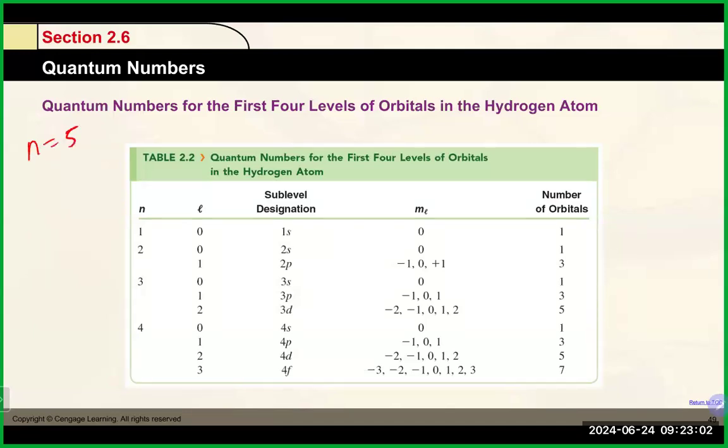That would be an l value of 0, 1, 2, 3, and 4. So that's an s orbital, a p orbital, a d orbital, an f orbital. What is 4? It actually just goes alphabetical. That's like g, h, and so forth.